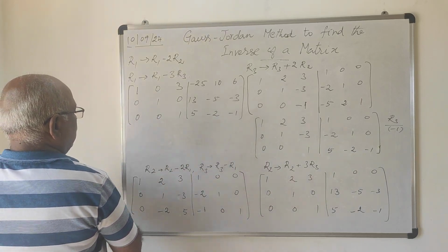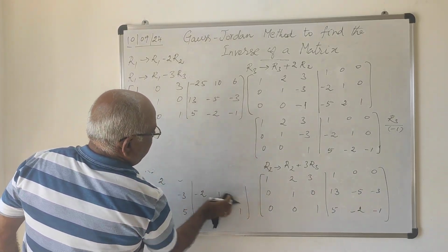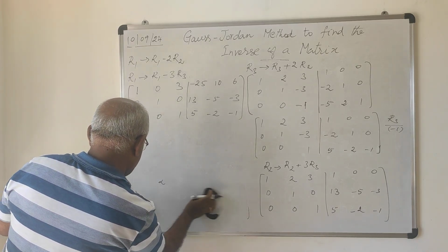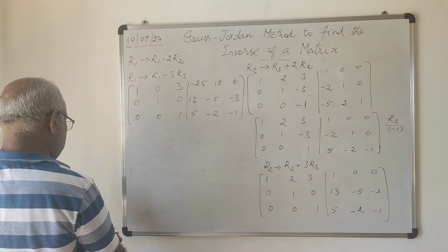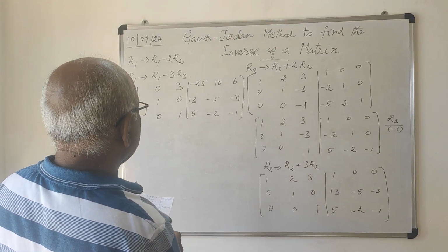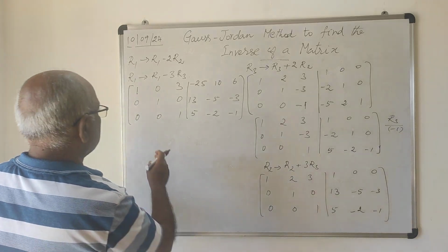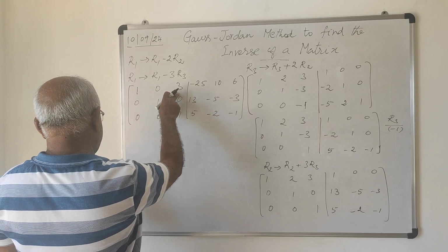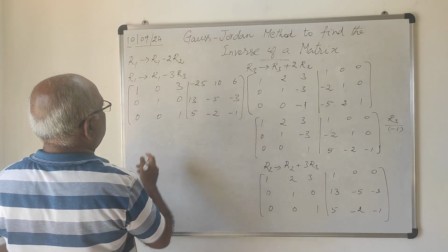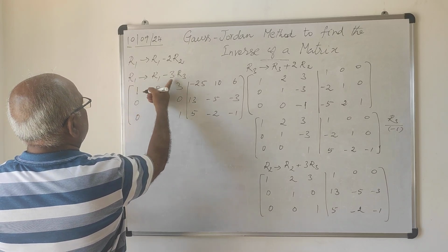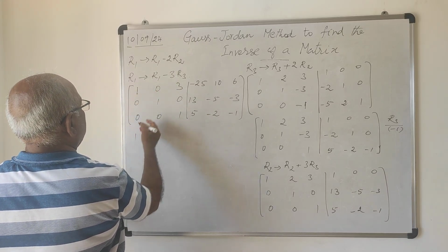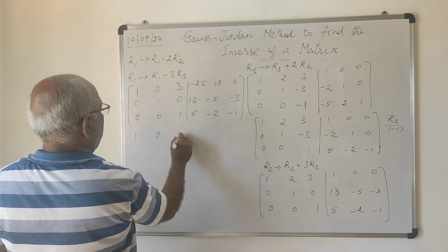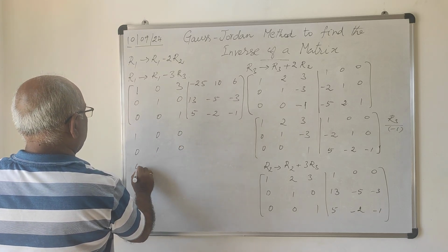Next step, R1 minus 3 R3. One, zero, zero, 3 becomes R1 minus 3 R3. R1 minus 3 R3: 1 minus 0, 1, 0, 0, 3 minus 3, 0, 0, 1, 0, 0, 0, 1.